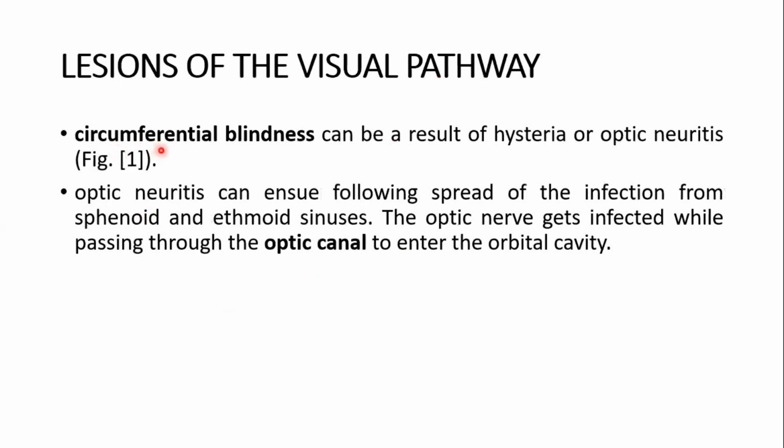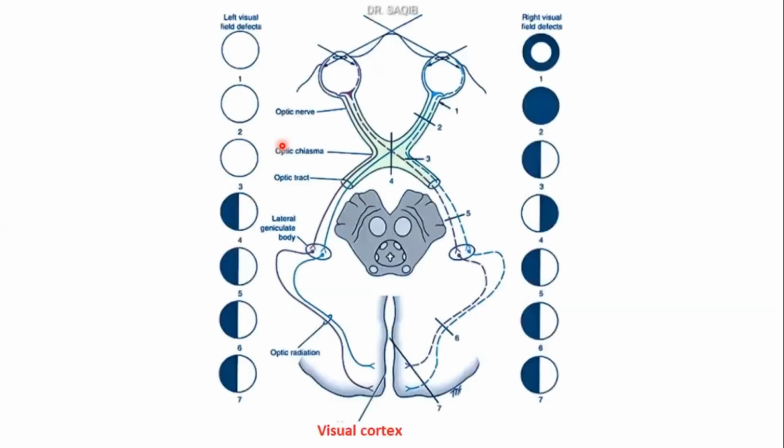Number 1, circumferential blindness. What is that? This is blindness in the shown area. Number 1, this is the circumferential blindness, shown in this black color, right here. These areas which are shaded or colored dark, there is no vision.